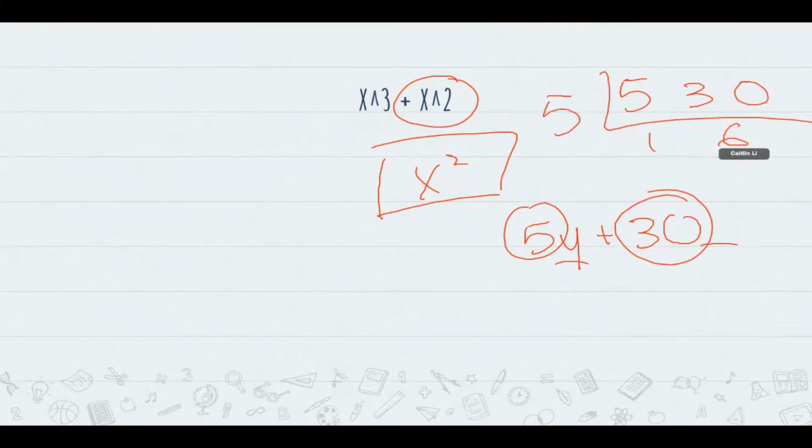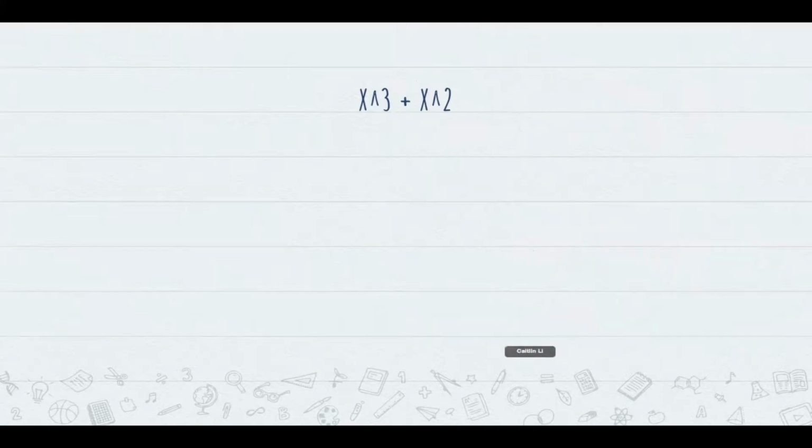And your new expression would just be y plus 6. Your lowest variable exponent, because there's nothing over here, you just don't write anything, you don't need to change it. This would be your final answer.